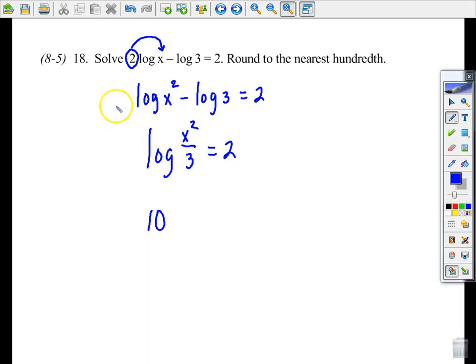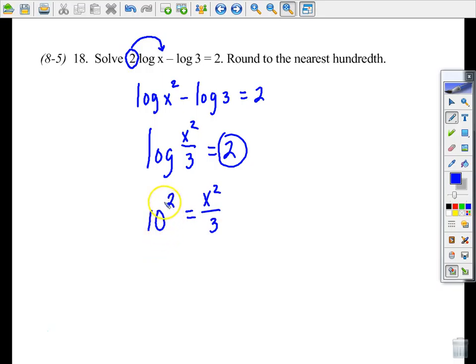And I learned back in chapter 8 that logarithms are exponents. And so this log is really telling me what the exponent is. It's saying the logarithm is 2. Logarithms are exponents. So 10 to the second power, and then on the other side of this equation will be the fraction x squared over 3.